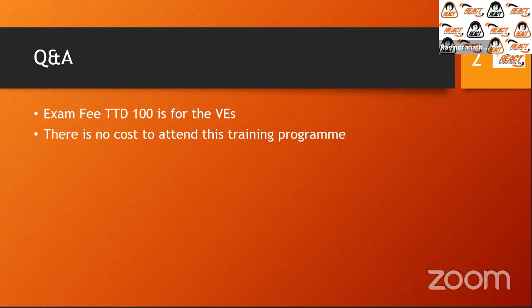There's no cost to attend the training session. The $100 exam fee is after you have finished this class and you decide to take the actual amateur radio exam. That fee is paid to the volunteer examiners. So again, just to clarify, there's no cost to attend this training program.